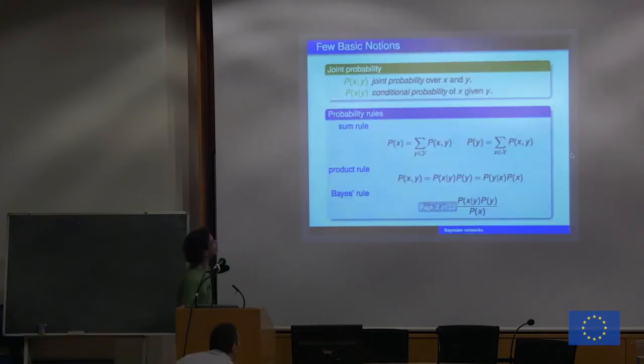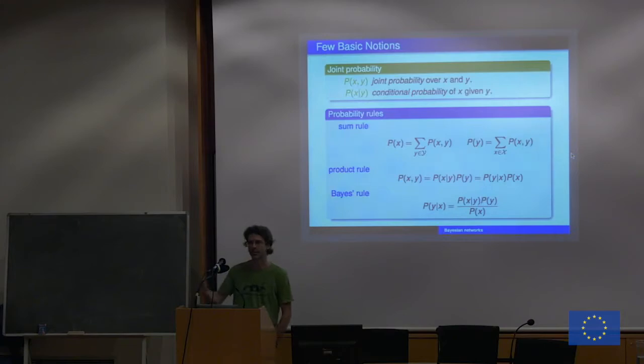So first of all, just some notation on how to represent things. Bayesian networks are about modeling joint probabilities. So I write p(x, y) as the probability of x and y: it's raining and it's sunny. p(x|y) is the probability of x once y is known: the probability that it's raining given that it's sunny.